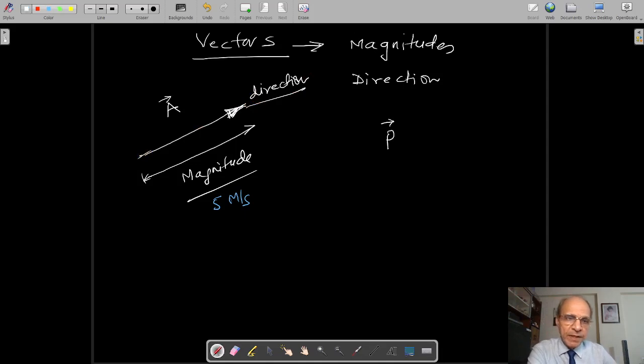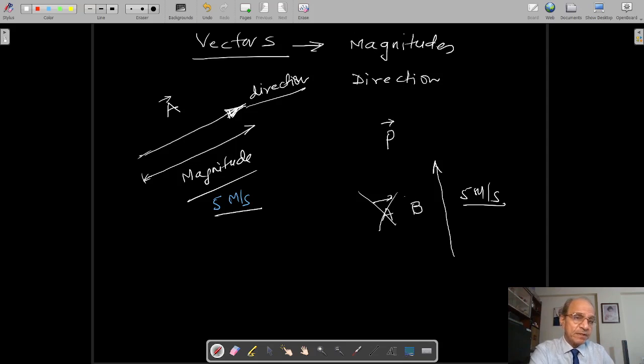Now if I make another vector whose length is again 5 meter per second, but in a different direction, this vector will not be vector A. Though the magnitudes of both vectors are equal, the directions are different, so they will be different. We may represent it by another name, vector B.